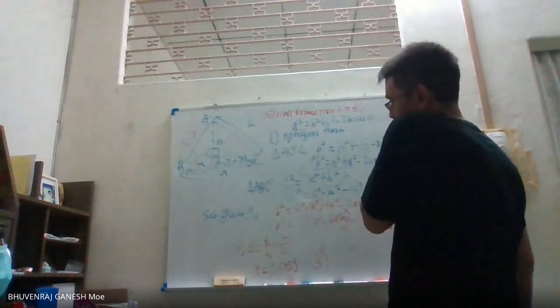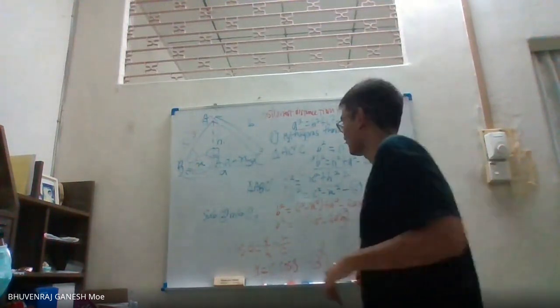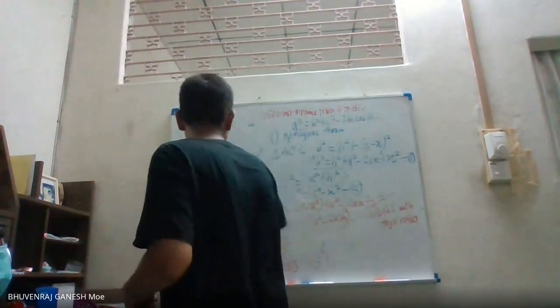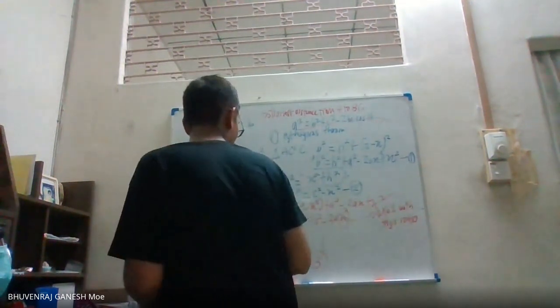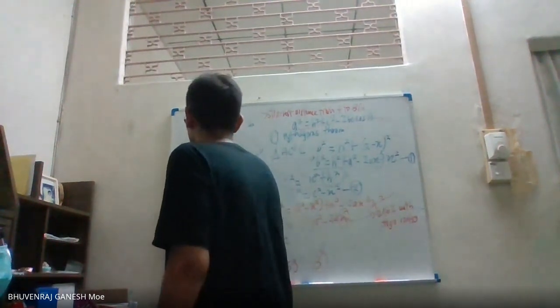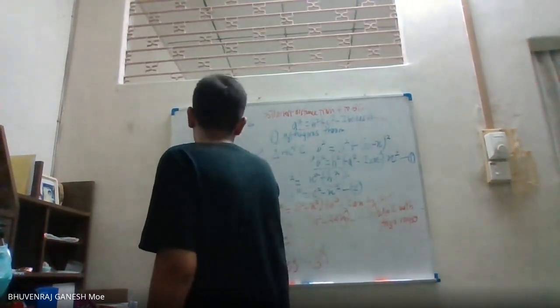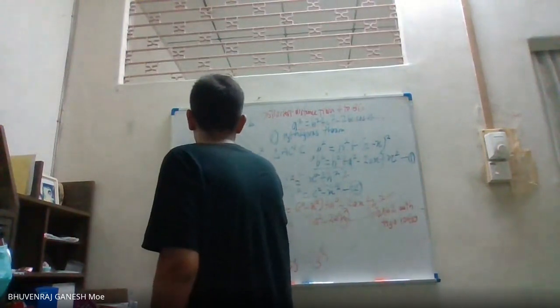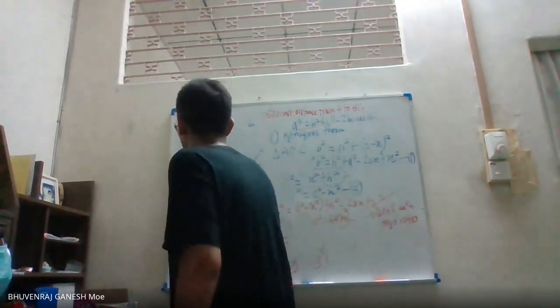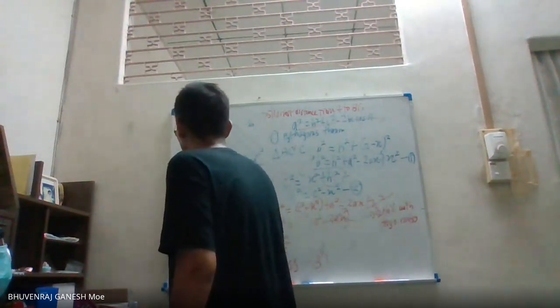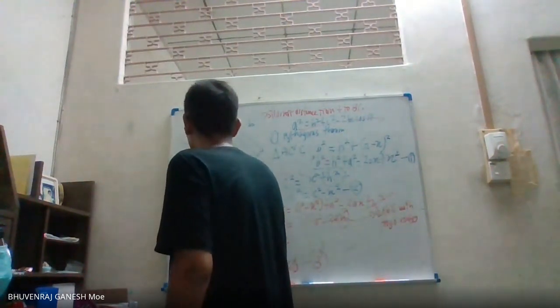So now we substitute back inside here. B square equals C square plus A square minus 2a times x, which is C cos B. So you get B square is C square plus A square minus 2ac cos B.